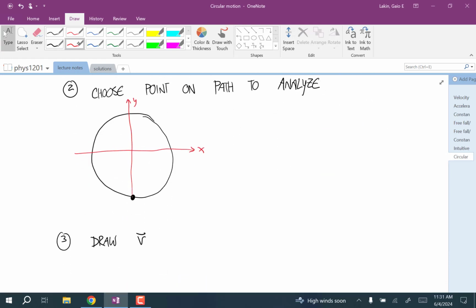Then in our top view, the velocity, I usually use red for velocity, but I also used it for the coordinate system. So the velocity is going to be this way.